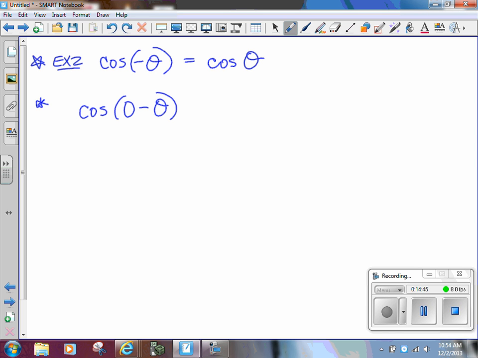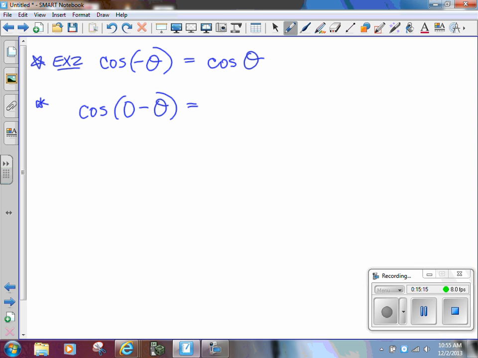Does that make sense? Is 0 minus theta negative theta? Yeah. I just had to find an angle where it would work, either adding or subtracting. If I end up with a negative theta, don't I need a 0 in front so that I make it legit? 0 minus theta? Yes.